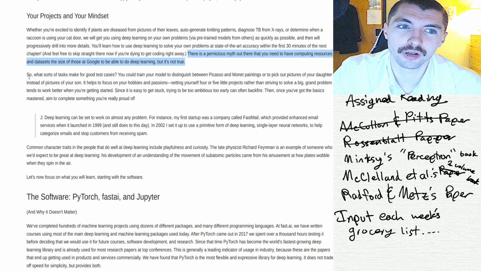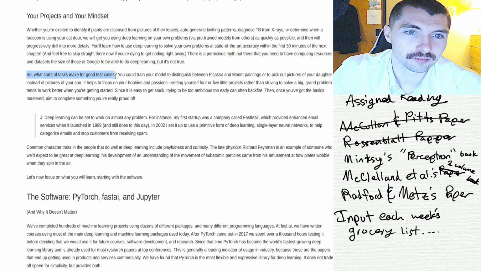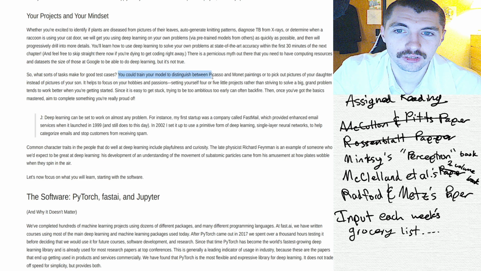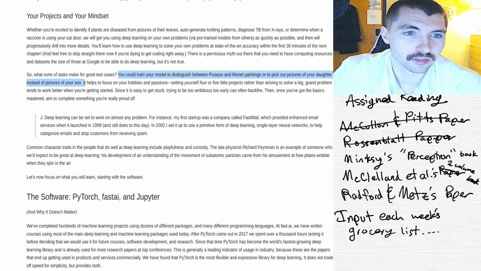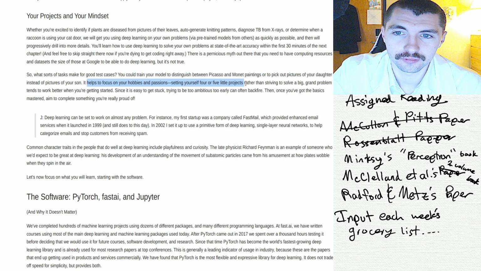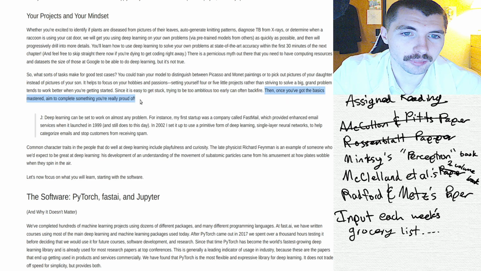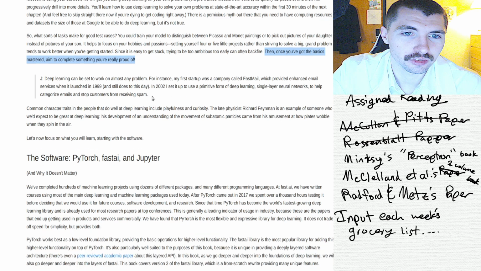So you can borrow a super fast GPU for pennies. So what sort of tasks make for good test cases? Try not to be too ambitious. We are focusing on the basics. We are drilling the basics.